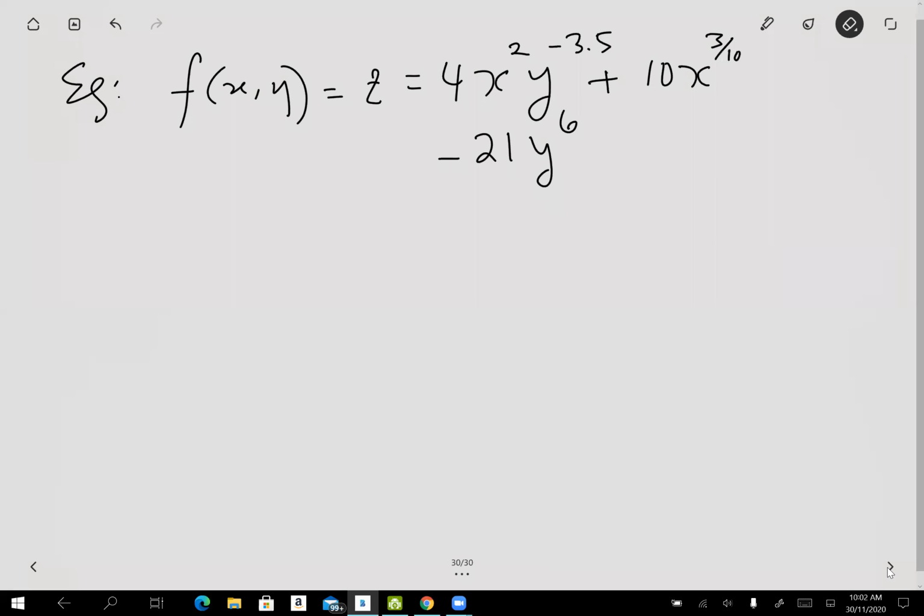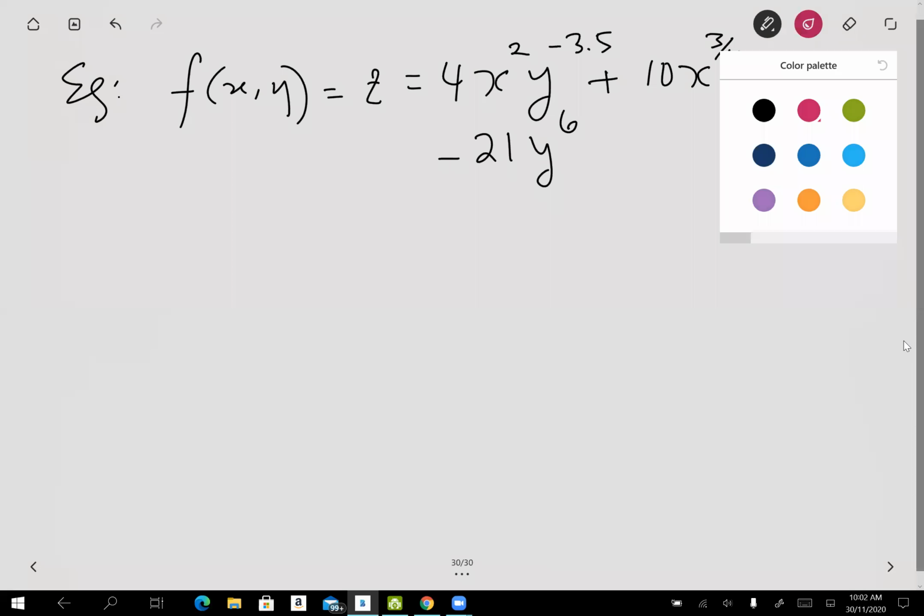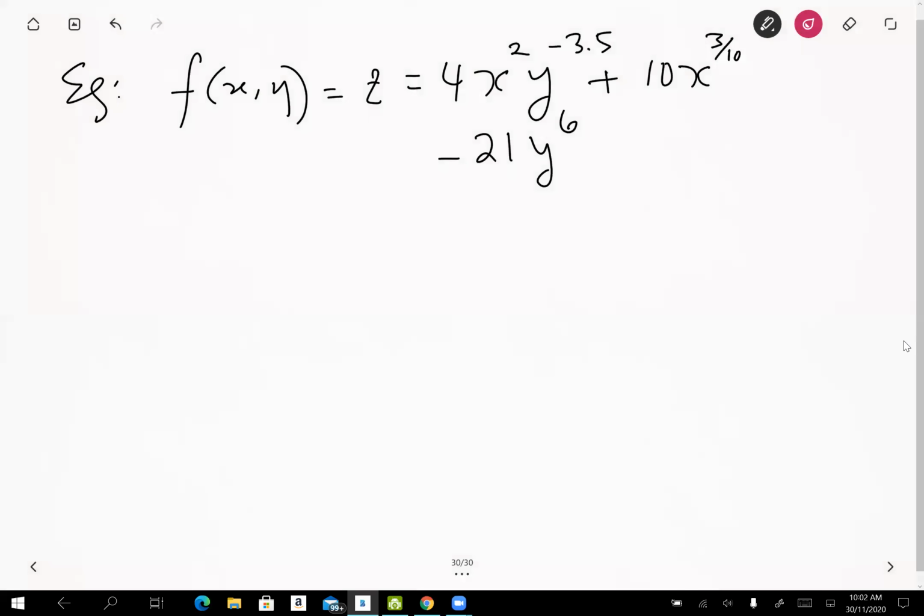In other words, the x and y are multiplied to each other. Because in the first term, you have x squared multiplied by y to the power of negative 3.5. So that is what I say, they are multiplied to each other. x multiplied by some terms in y. So this thing here, since they are multiplied, is considered just one term.